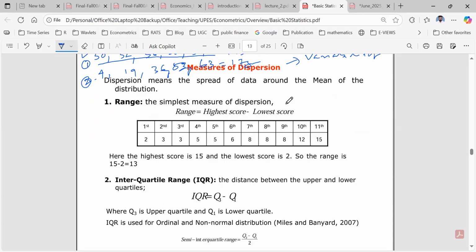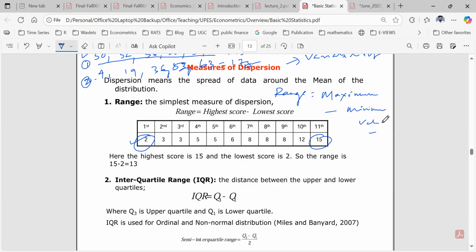Range is given here. The first to 11th student: the first student got 2, the lowest score, and the highest score is 15. So range you can calculate as high score minus low score, or maximum value minus minimum value.